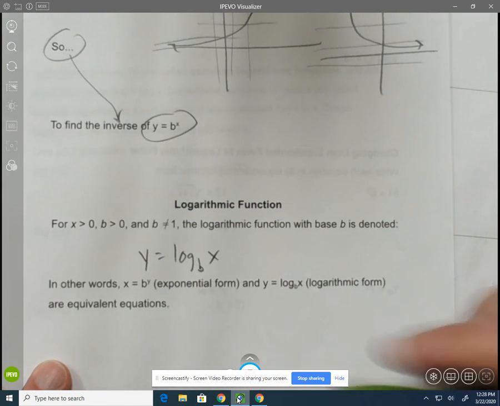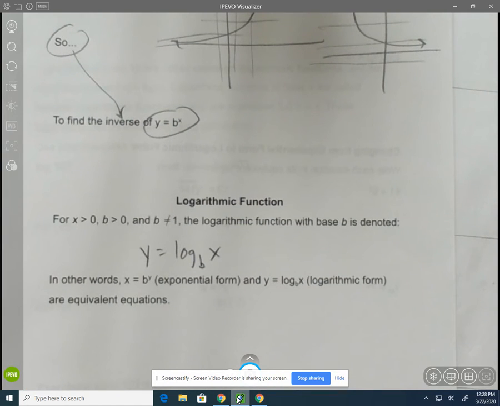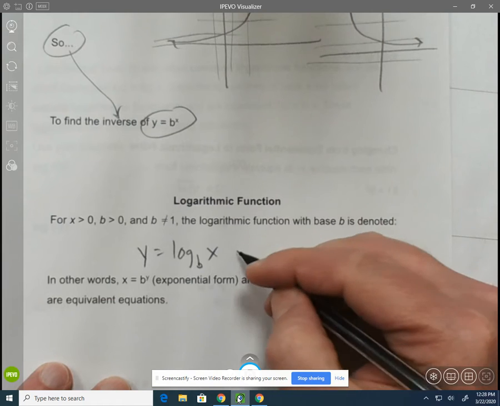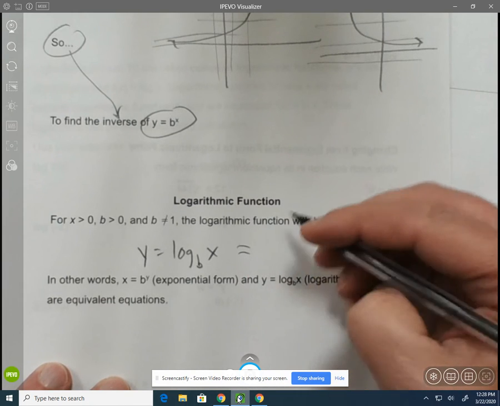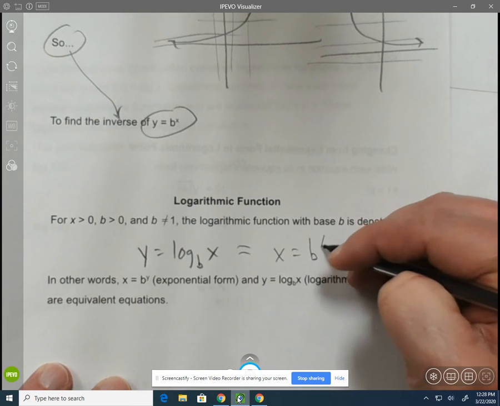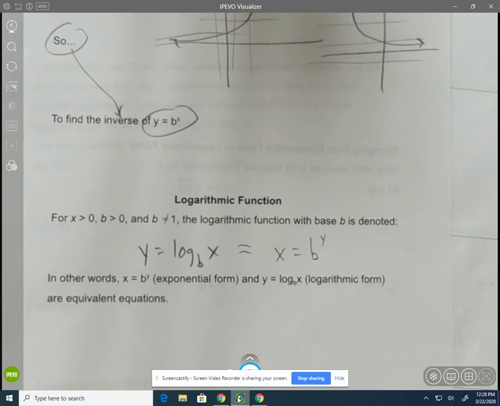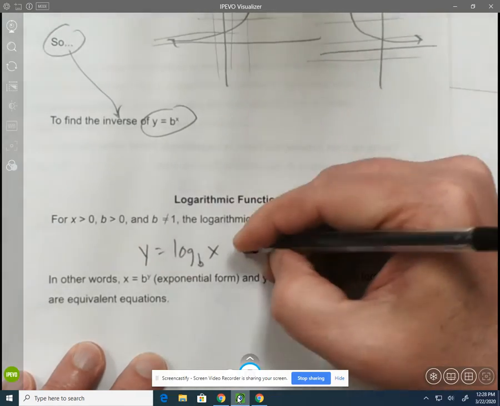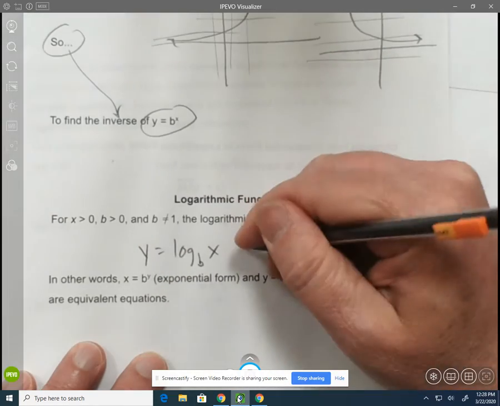This is identical to, or the same thing as, x equals b to the y power. The equals sign is not the right symbol there.